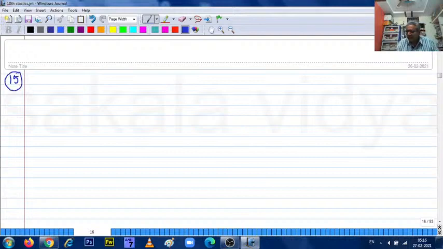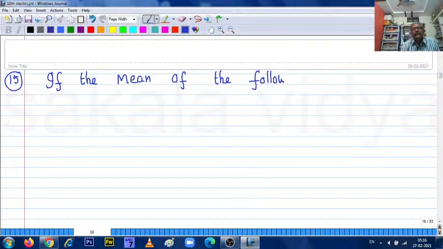If the mean of the following data is 20, then find p.